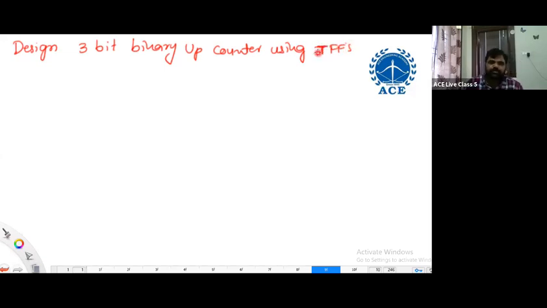Using toggle flip-flops, design a 3-bit binary up counter using toggle T flip-flops.